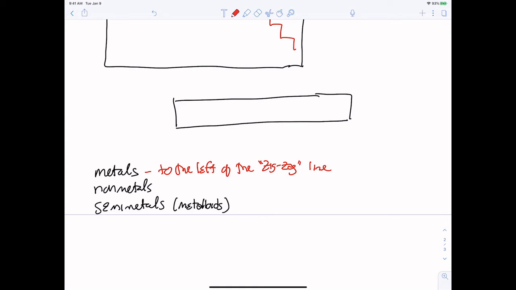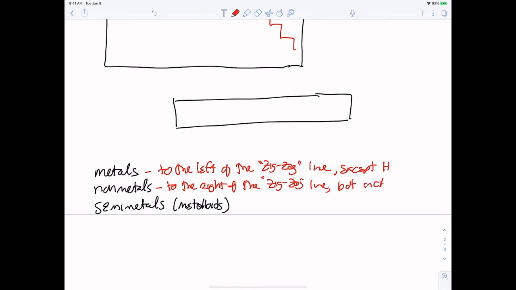What's the exception to that? Yeah, hydrogen. Hydrogen is a non-metal. Non-metals are to the right of the zigzag line, but that includes hydrogen. Remember, hydrogen is a non-metal.